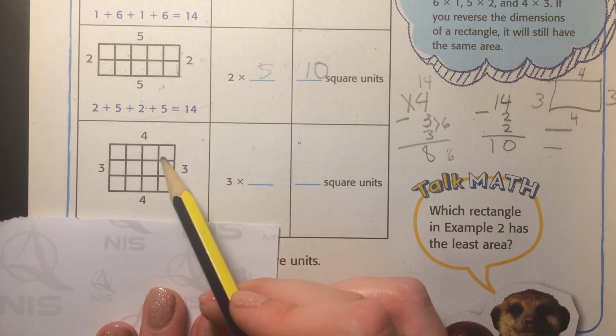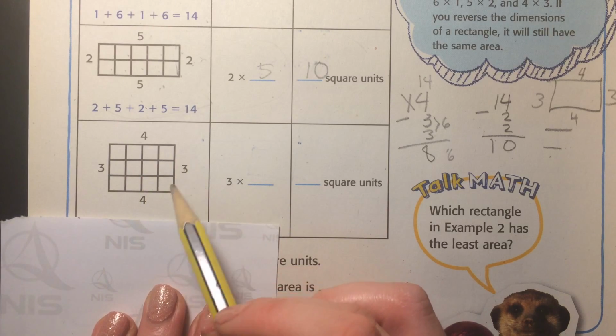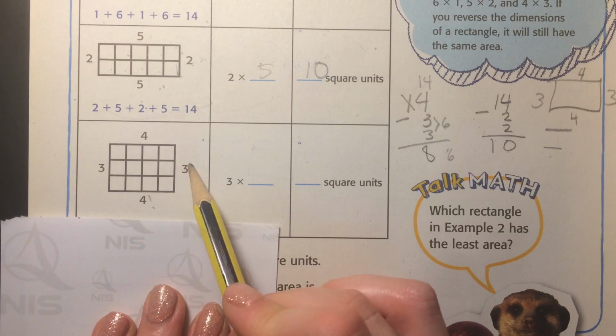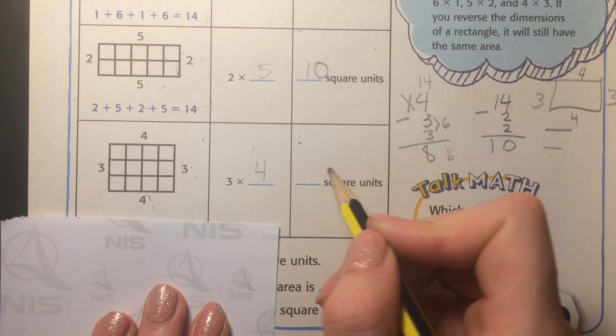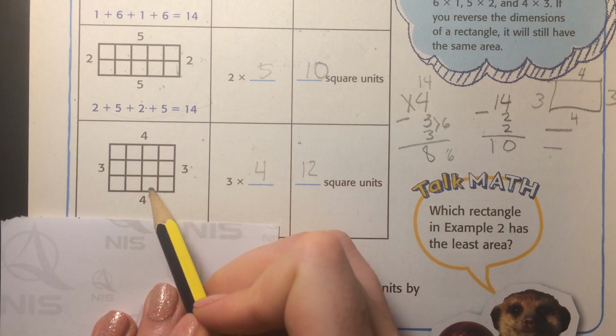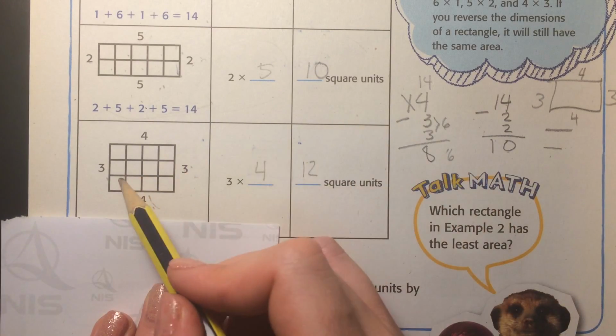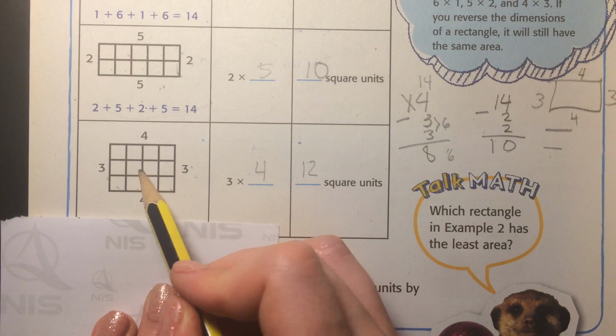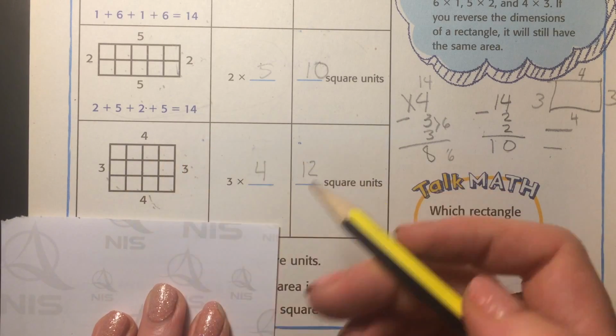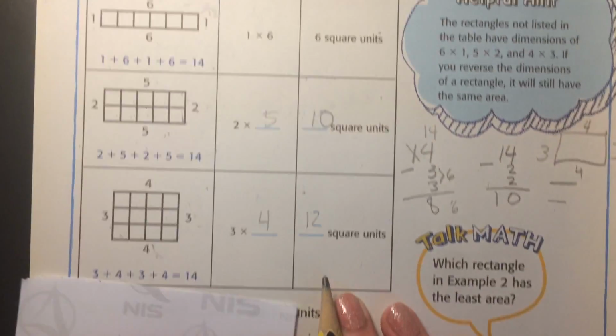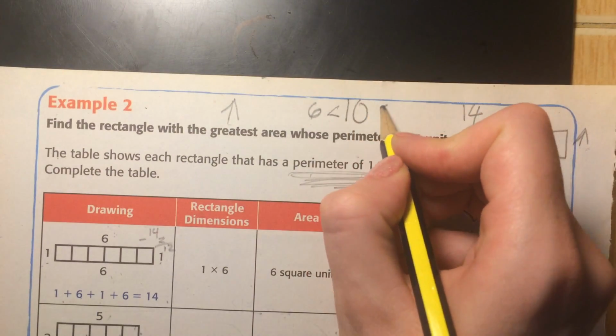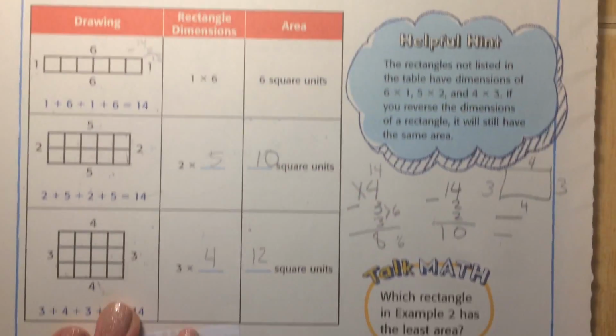Our formula for area was length times width. So 4 times 3, which is 12. Or 3 times 4, also 12. Counting it 1, 2, 3, 4, 5, 6, 7, 8, 9, 10, 11, 12. We know it's 12. And 12 is greater than 10.